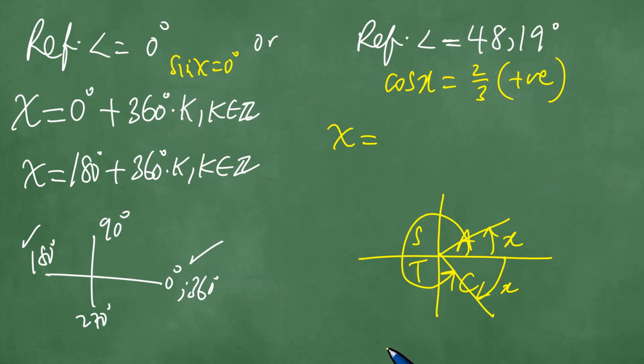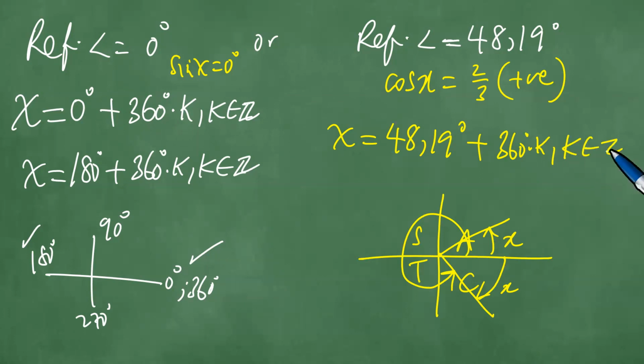Or you can also find this angle there, like so. So it depends on the student. But now let's just find this one first: 48,19 degrees plus 360 degrees times k, where k is an element of Z. And then here we have this one that is in the fourth quadrant, because according to the CAST rule, all are positive in the first, but the cosine function is also positive in the fourth quadrant.